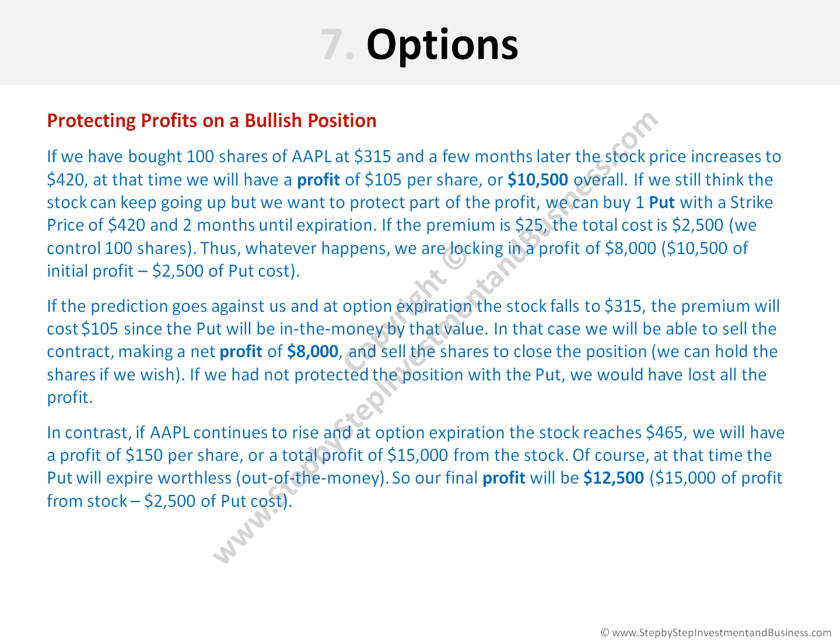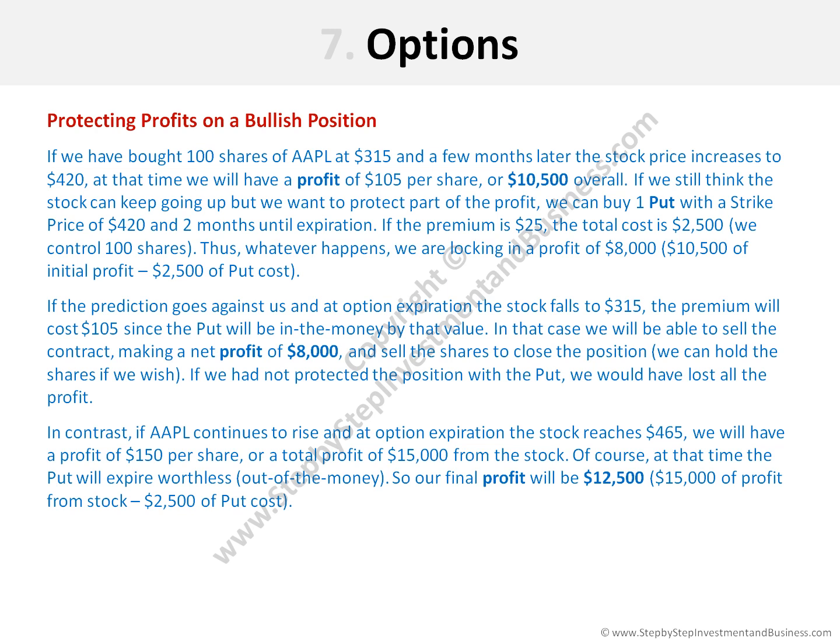Let's see an example. Suppose we are protecting profits on a bullish position. If we have bought 100 shares of Apple at $315, and a few months later the stock price increases to $420, at that time we will have a profit of $105 per share, or $10,500 overall.